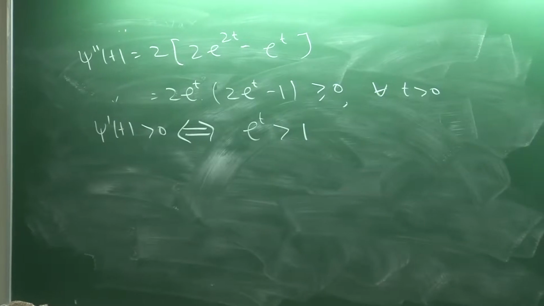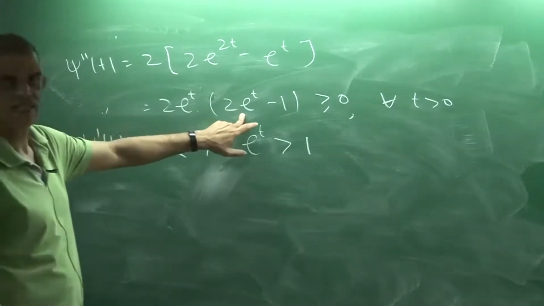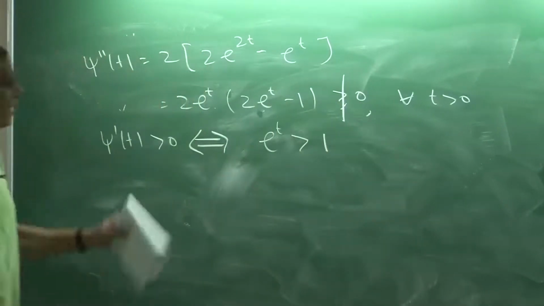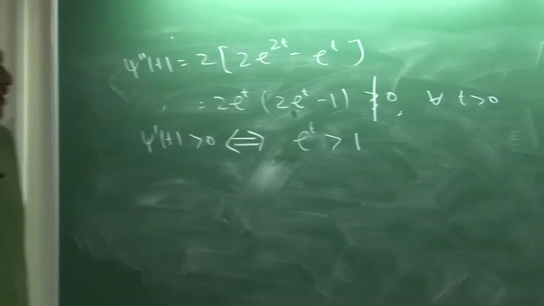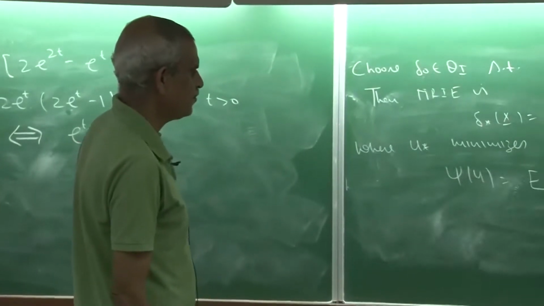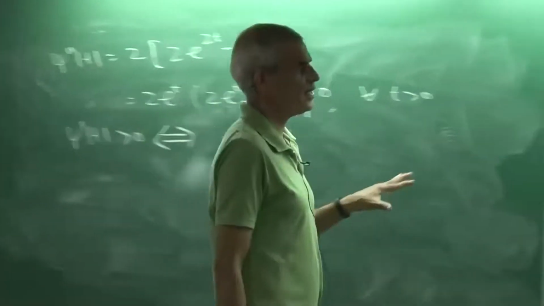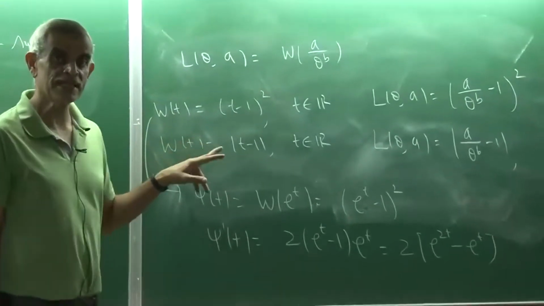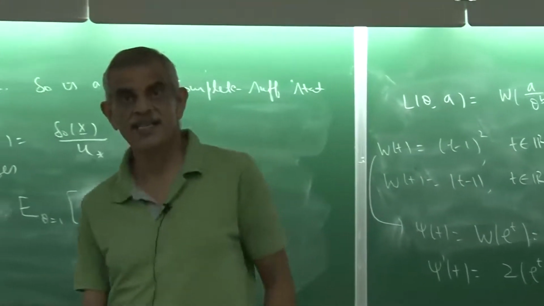Certainly not, because as t goes to minus infinity, this goes to 0 and you may get negative values. Yeah, so there is a problem. So here, this function is not convex. So as such, directly from that result, I cannot say that the MRI exists or not.